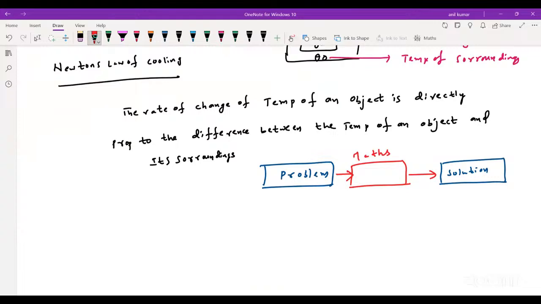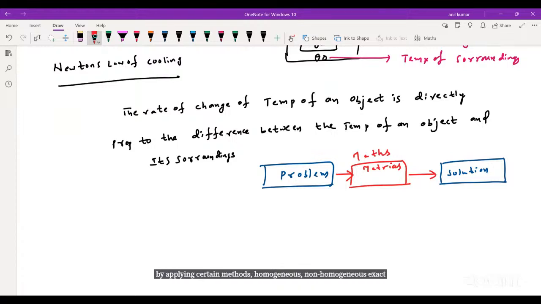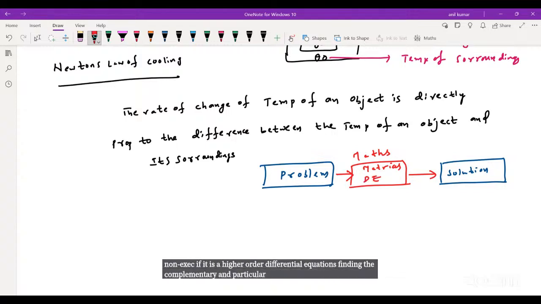The problem may be converted in terms of a system of equations that can be solved by matrices. Or if the problem is converted into differential equations, by applying certain methods, homogeneous, non-homogeneous, exact, non-exact, or, if it is a higher order differential equation, finding the complementary and particular integrals, you may find the solutions.